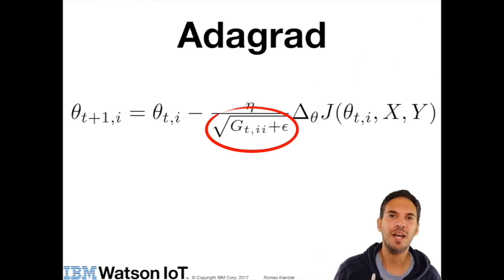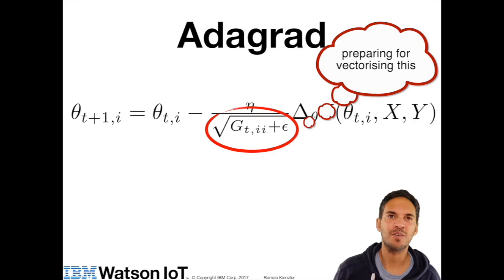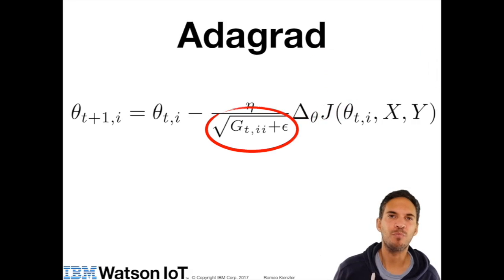So G t i i is a matrix which contains information on the past gradients per training example, and taking this into account, it just reduces the learning rate. And note that there is a little term epsilon, so that we avoid division by 0.